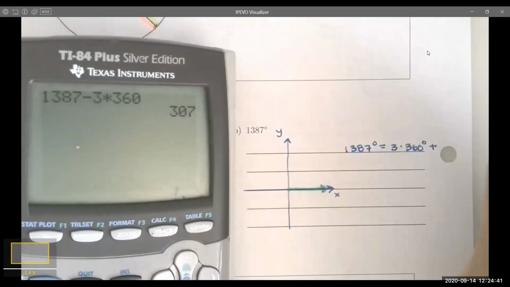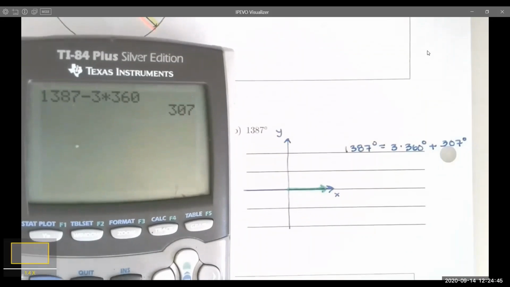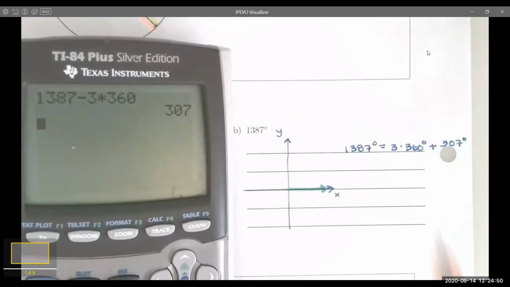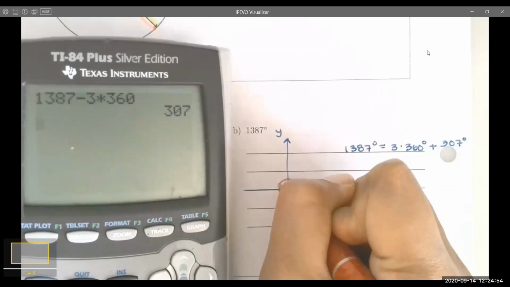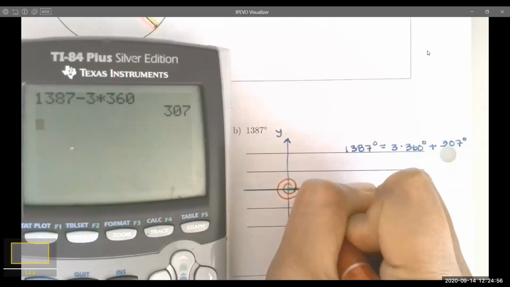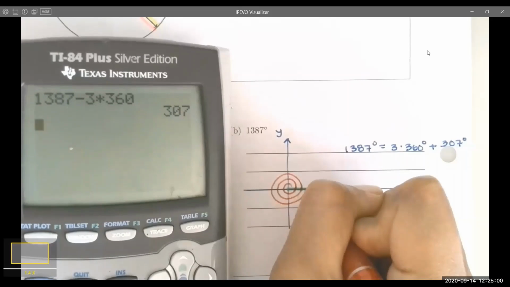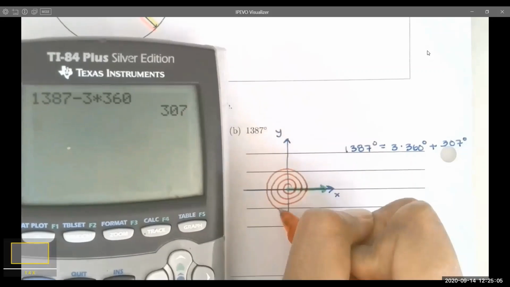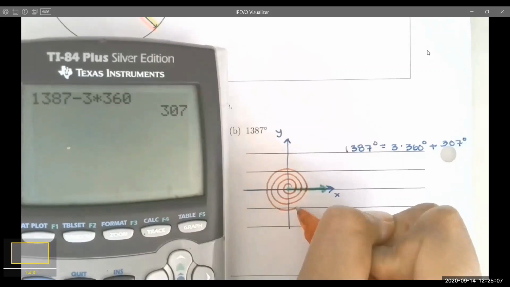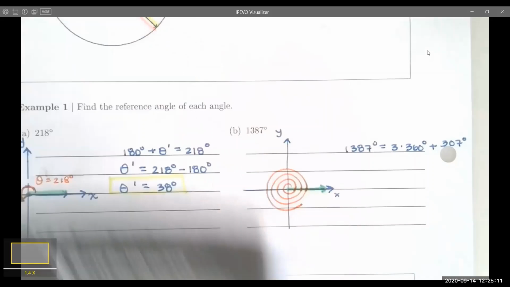We would have to continue 307 degrees more in our diagram. Okay, so let's try it. This is 1 full cycle, 360, 2 full cycles, 720, 3 full cycles, 1080, and then 307 degrees is going to bring us to 1387.